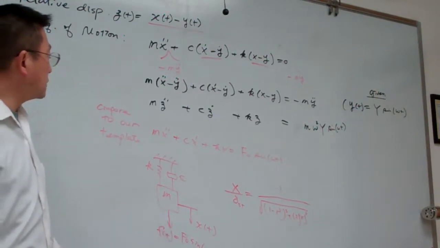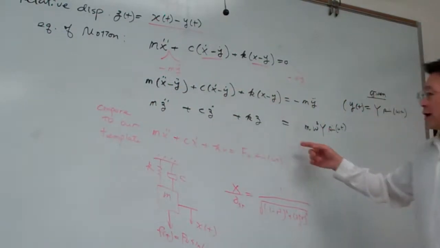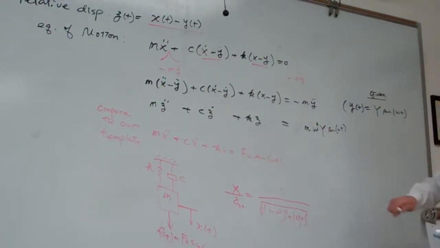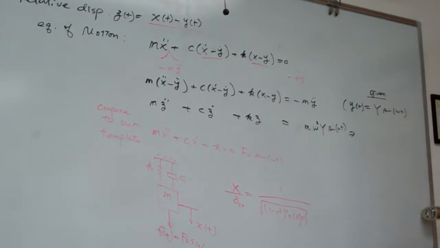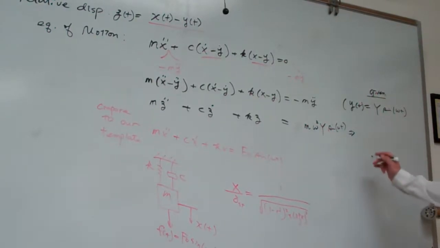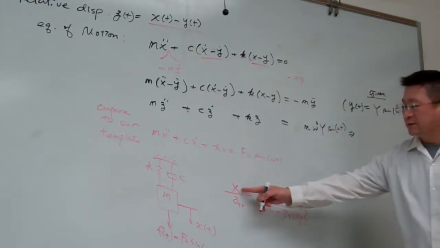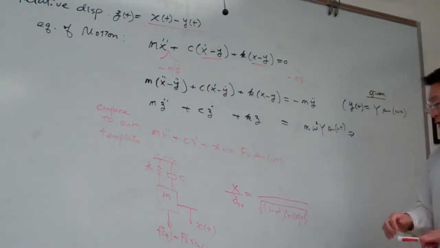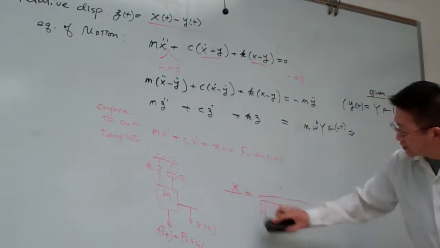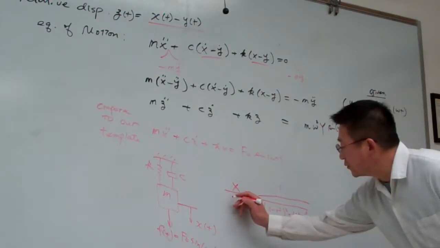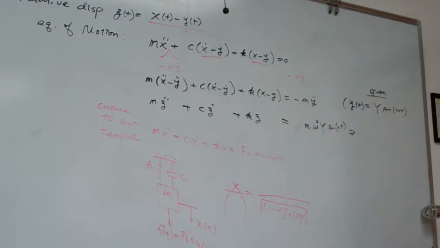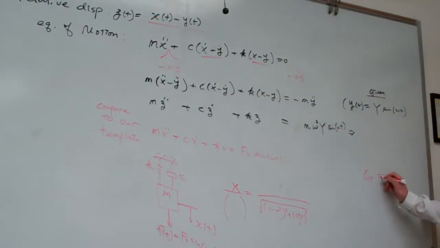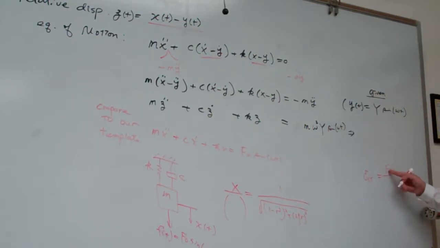If we use this as a template, the result we have is z, and we borrow the magnitude. What is delta st? Do you remember? We call it the static deflection, the magnitude of the force divided by the spring constant.